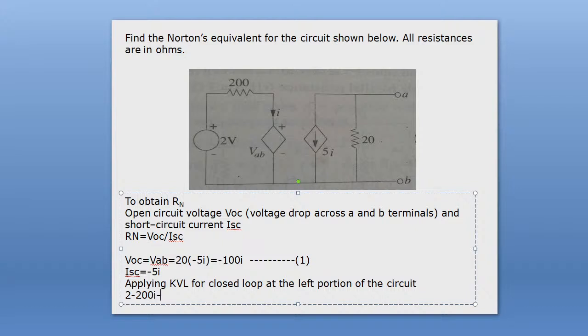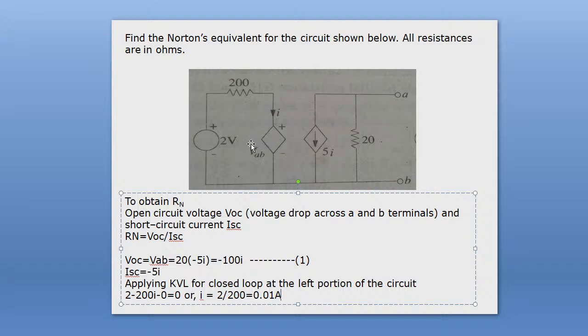So 2 minus 200 I minus 0 equal to 0. So from this we can write I equal to how much? 2 by 200 ampere, equal to 1 by 100, 0.01 ampere.